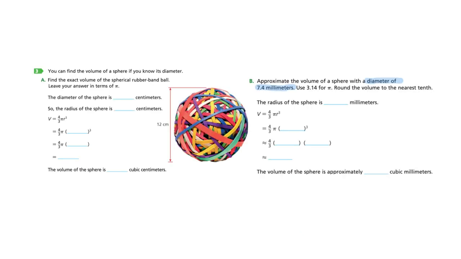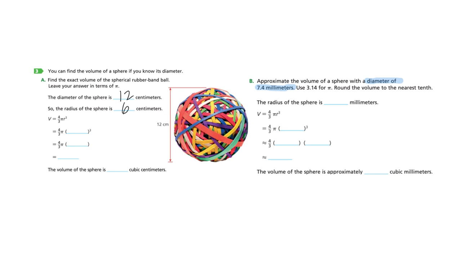After working through numbers 1 and 2, you should be able to do these 3A and B on your own. The only difference here is they're saying you can find the volume of a sphere if you know its diameter. Because you know that the radius is half of the diameter, here with this rubber band ball, it says the diameter is 12, so you know the radius is 6.